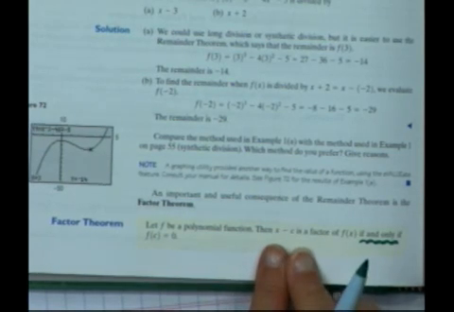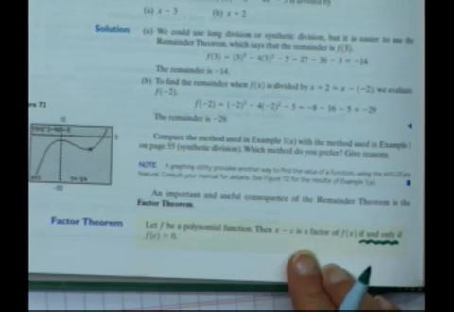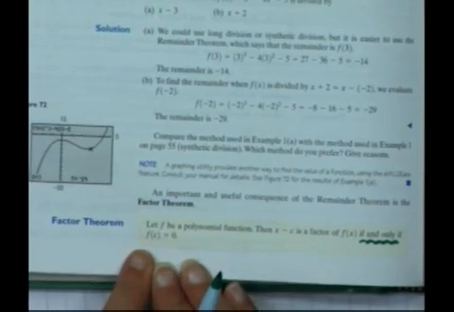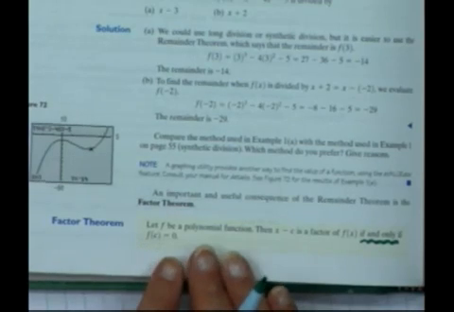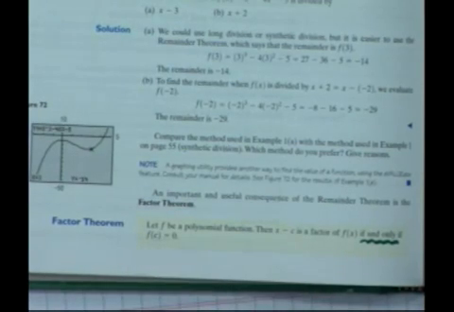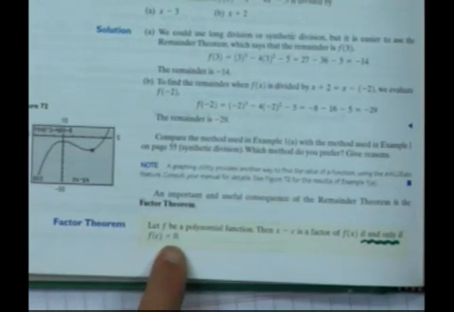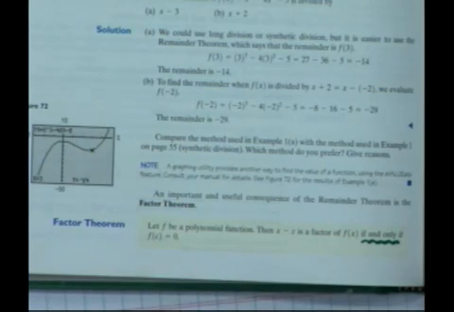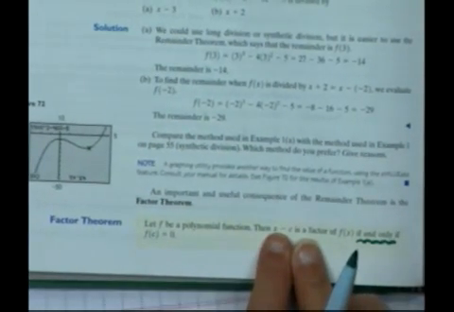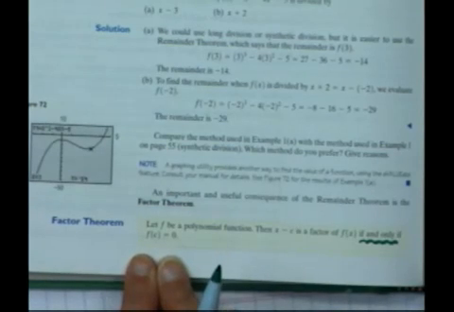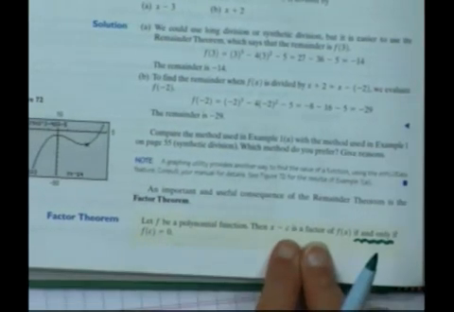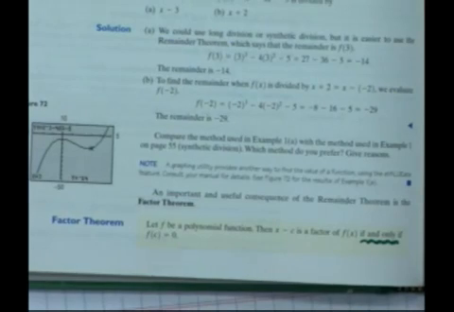So if you happen to have x minus c as a factor, then you know immediately from this theorem that f of c is 0. If you have a polynomial function and you know f at c is 0, then you automatically know that x minus c is a factor. Okay, if and only if means if you know this part, then this part is true, or if you know this part is true. Does everybody see how if and only if works?